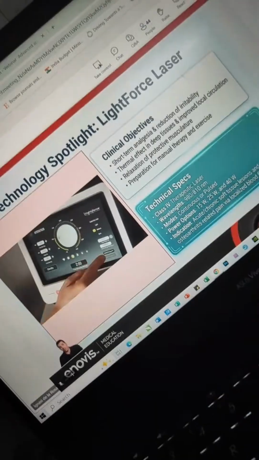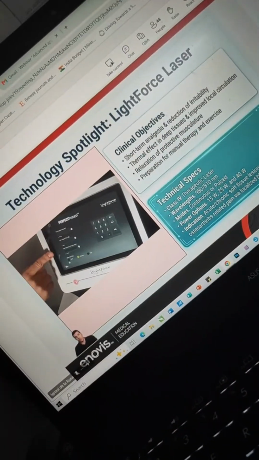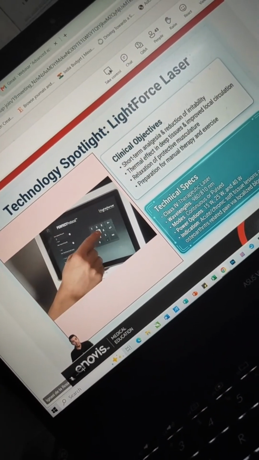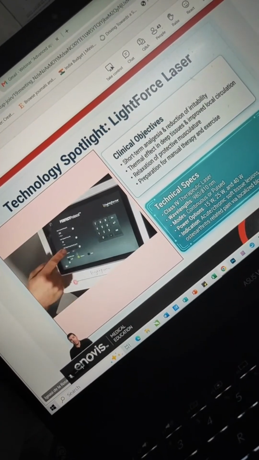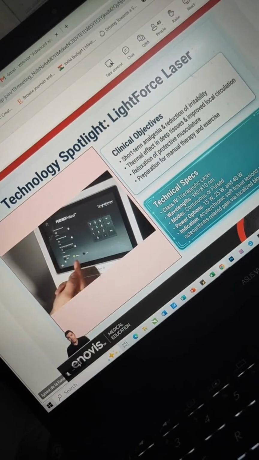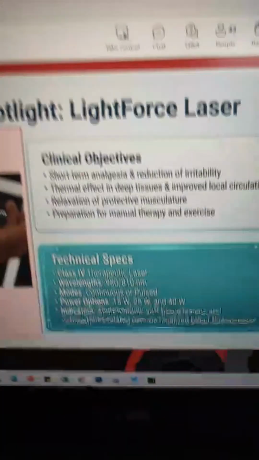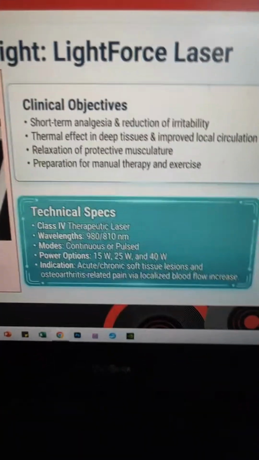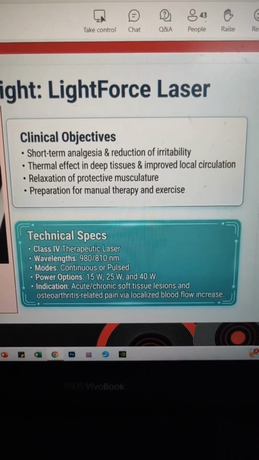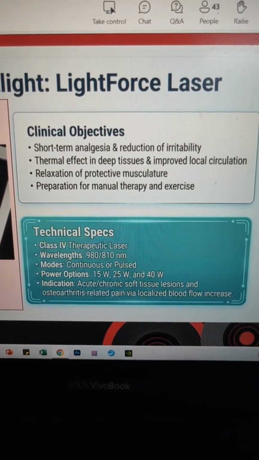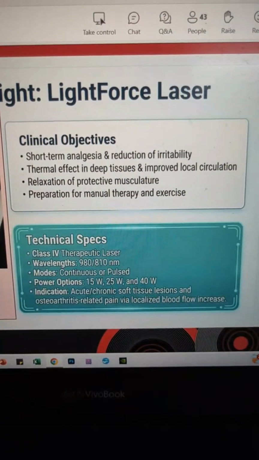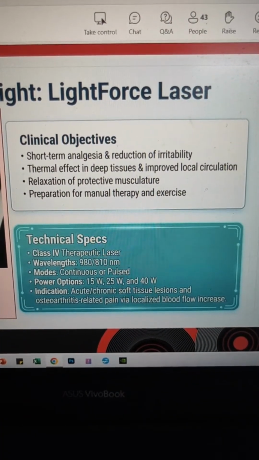Within the multimodal plan, we've talked about the laser, which will be used for different purposes. First is to achieve short-term pain relief to reduce irritability, especially when there is significant limitation, to manual contact, to movement, right? In slightly more advanced stages, working with high power, high energy densities, and in contact where there is no reflection, allows us to achieve the photothermal effect.